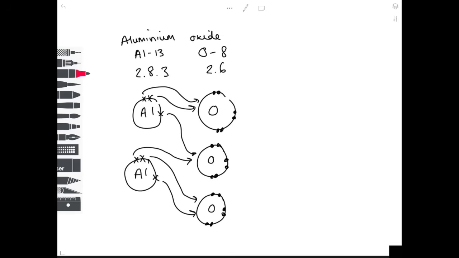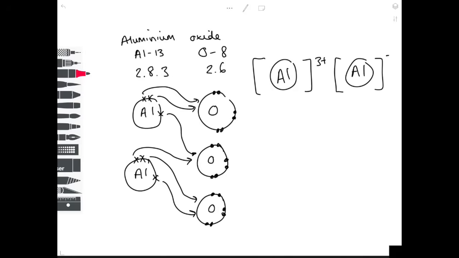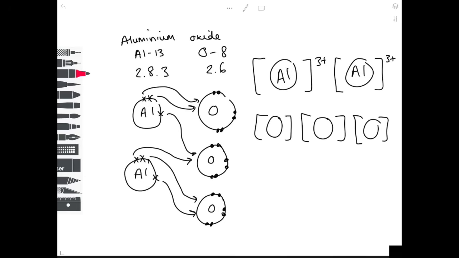And now let's actually work out what our answer will look like. I hope I've got space for this. Probably won't have. So aluminium has lost 3 electrons, so that's why it's 3+. We need 2 of them, which is why I'm drawing them twice. And then oxygen will therefore look like this. There's 3 of them. Let's label them as oxygen.